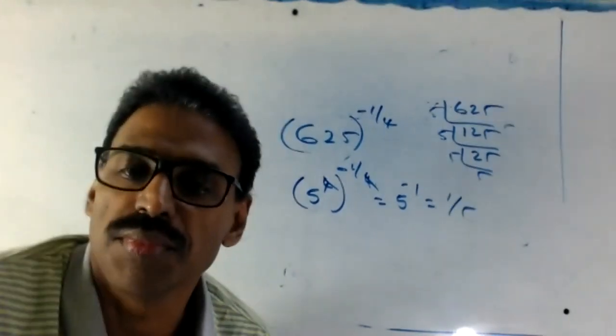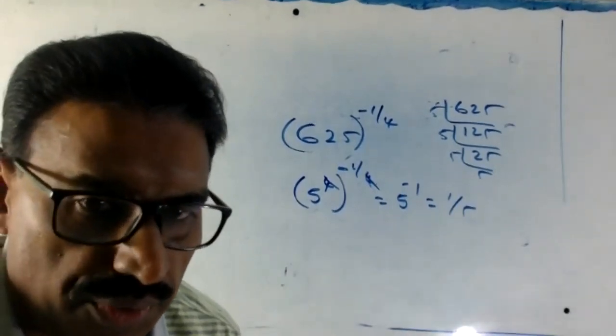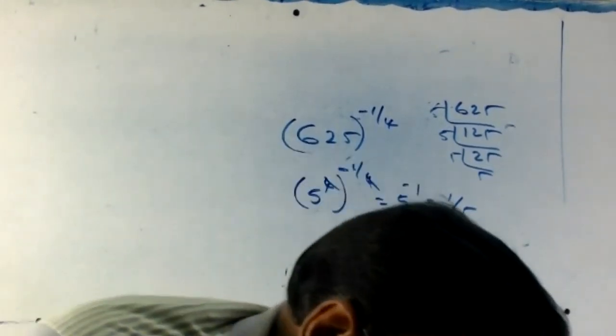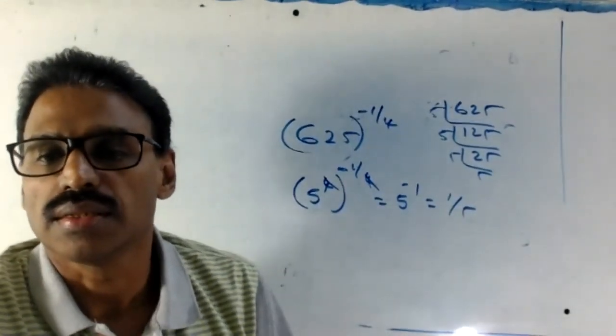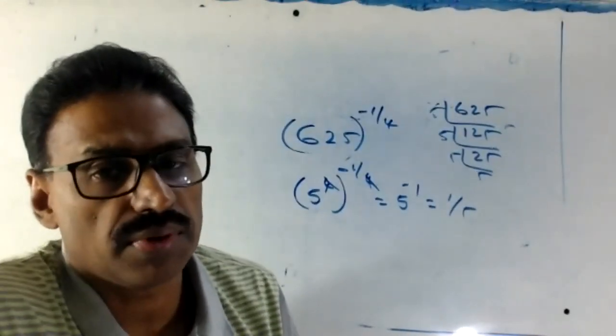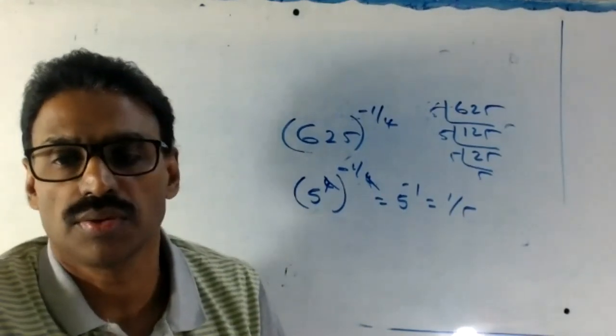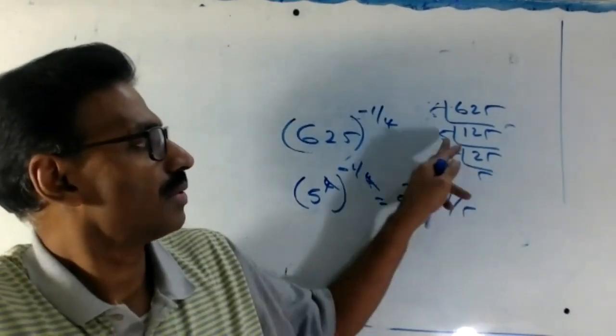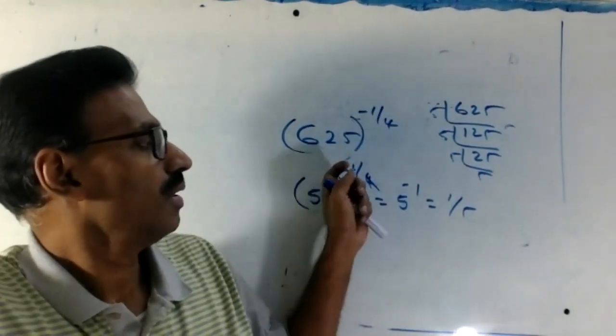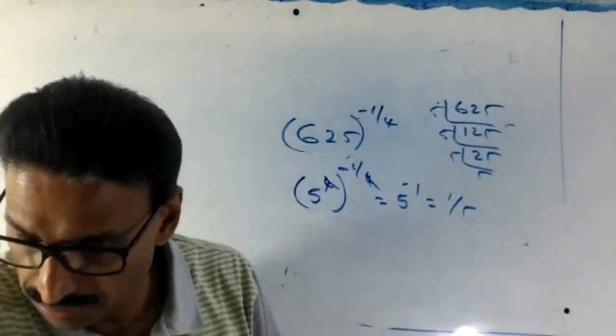How many 5 here? That means you didn't learn the factorization in that class. Many questions are there. This type of doubts you have to clear at the earliest. Otherwise, you will be in trouble. Here, how many 5 here? 1, 2, 3, 4, 5 here. 5 raised to 4. 4 raised to minus 1 by 4.